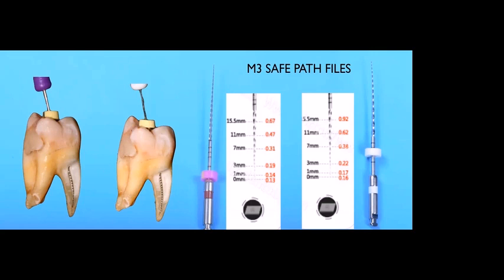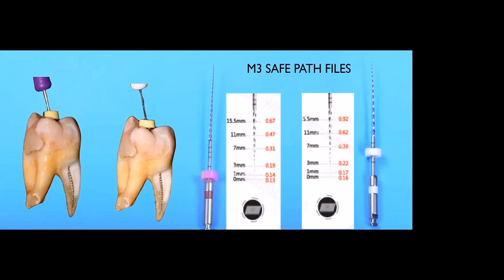When we feel that the 10K file is super loose in the root canal, we can do the glide path using hand files or rotary path files. But it's important before using the 15 hand file or the rotary path files to have a 10 working super loose in the root canal.